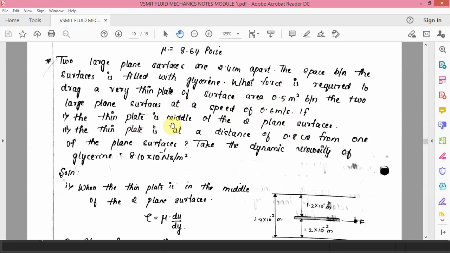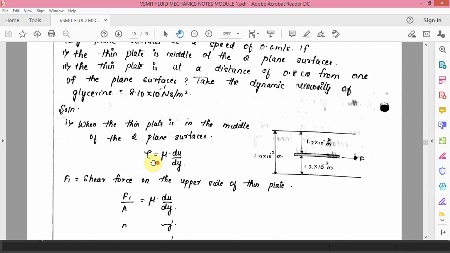If the thin plate is in the middle of the two plane surfaces, and if the thin plate is at a distance of 0.8 centimeter from one of the plane surfaces. Take dynamic viscosity of glycerin equal to 8.10 into 10 raised to minus 1 Newton second per square meter.